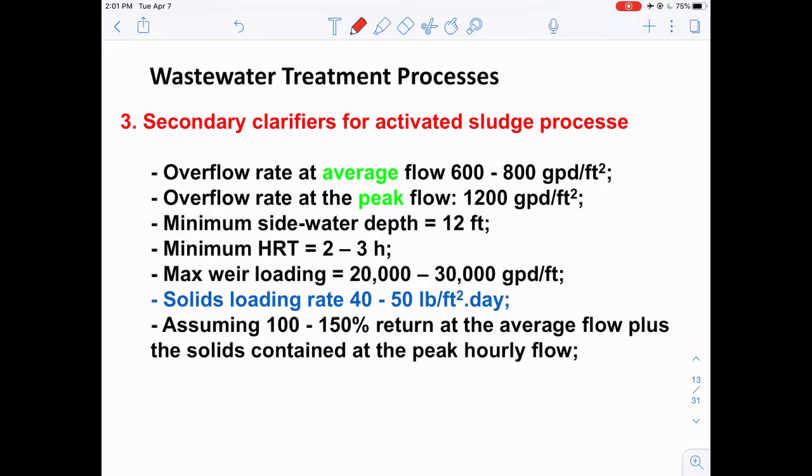So we talked about the aeration tank, which is majorly used for the oxidation of the organics. Downstream of the aeration tank, we're going to use a secondary clarifier.